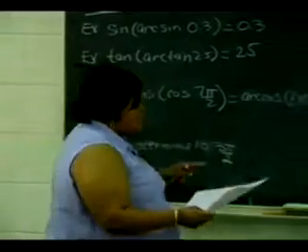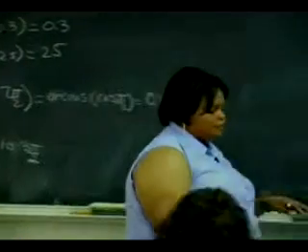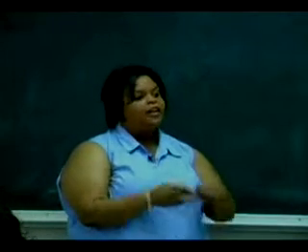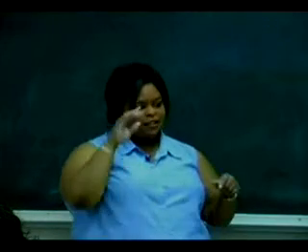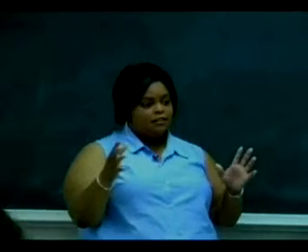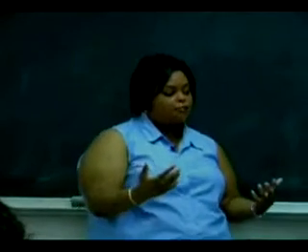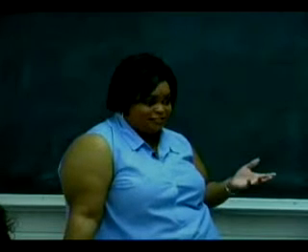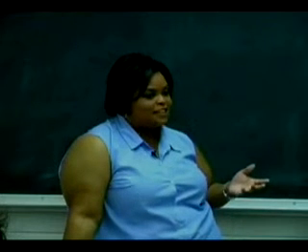Okay, let's talk about the range and all that. When you find an inverse function, it has to pass the horizontal line test, right? For instance, if we think about f of x equals x squared, it doesn't pass the horizontal line test, does it?